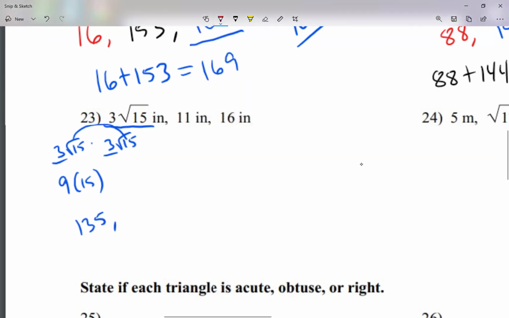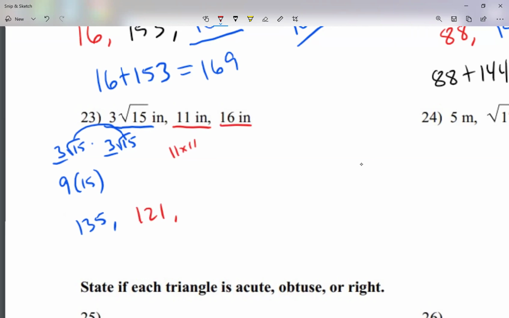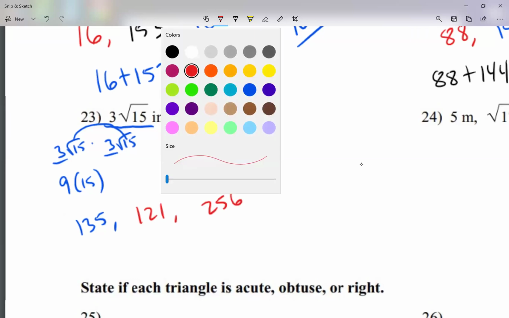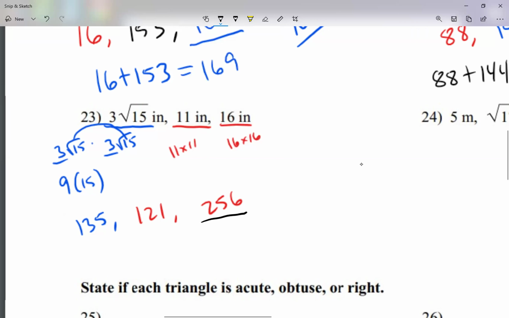Okay, my second number is 11. That one I just go 11 times 11, which is 121. My third number is 16. That's just a whole number. This one I go 16 times 16, which is 256. From the three numbers, the big number is 256, right?